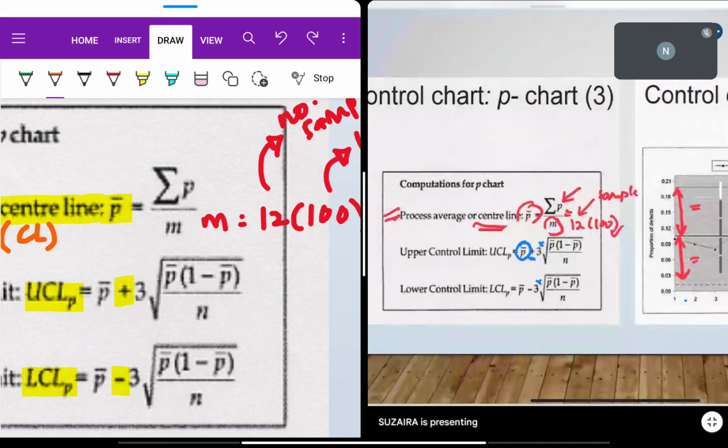So search with the rest of this value. So N here is 100, your sample. Okay, so this one is 100.